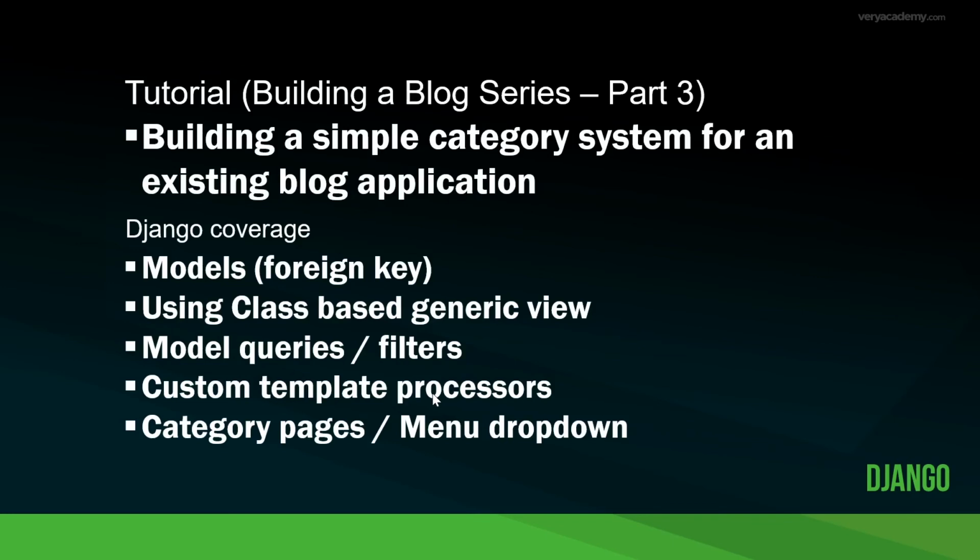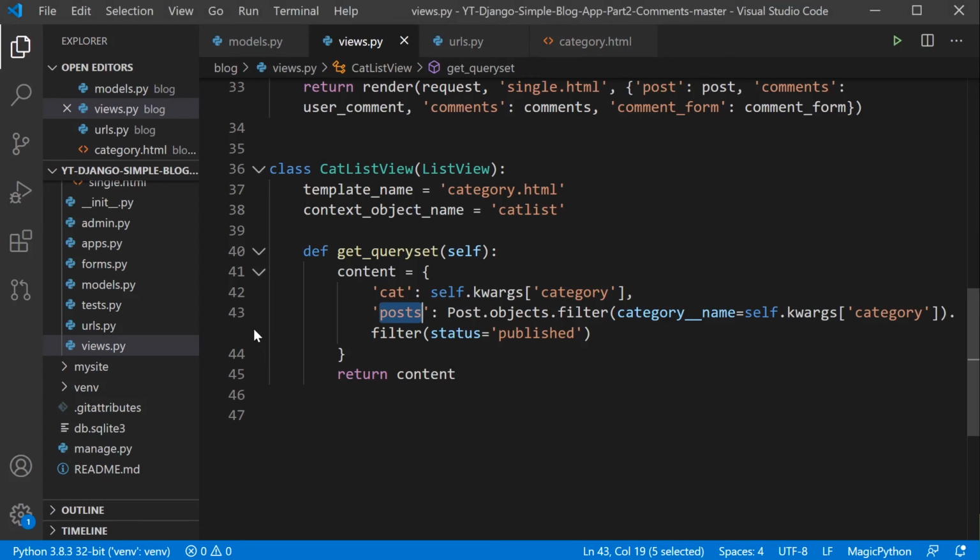So we want our navbar dropdown to be available in all places. So we're going to create a context processor to make that category dropdown available on all pages. So that's just loosely speaking. You can probably see the advantage of utilizing this in your project if you wanted to make something globally available on all templates. So let's go ahead now and create this.